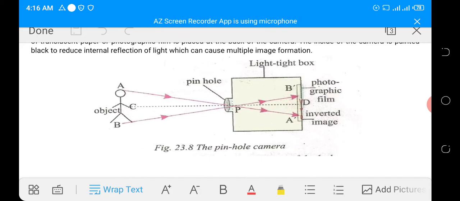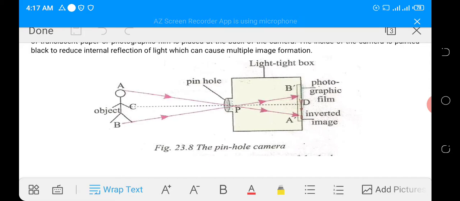So the distance from the object to the pinhole is known as the object distance, which is denoted with the letter U, while the image distance is the distance between the pinhole and the screen.